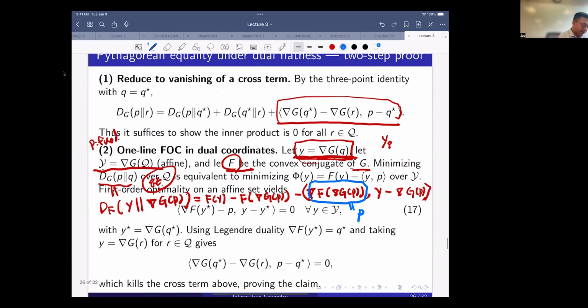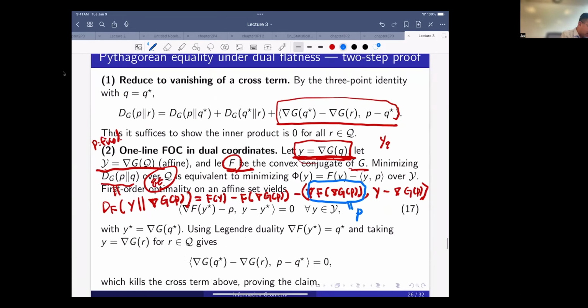So that means this is constant. Then we want to minimize this with respect to y, which turns out to be F(y) minus the cross term. That is why we get this problem.